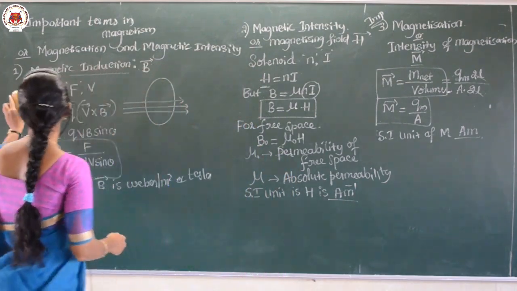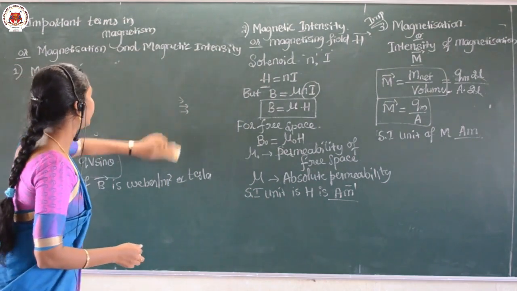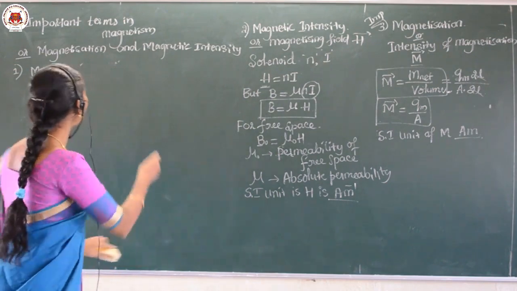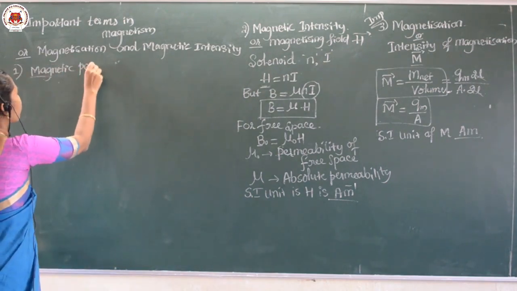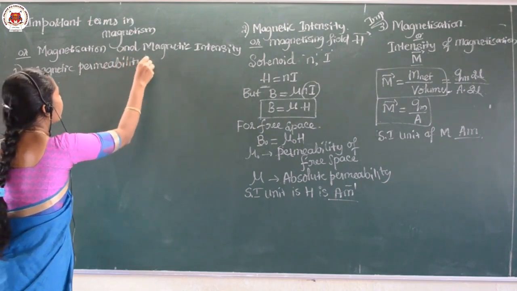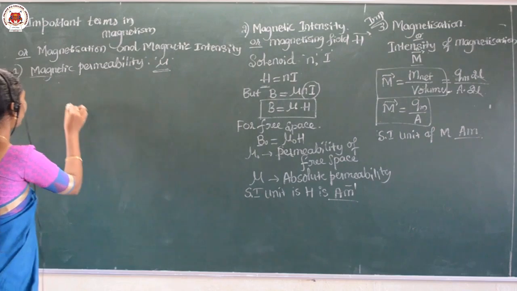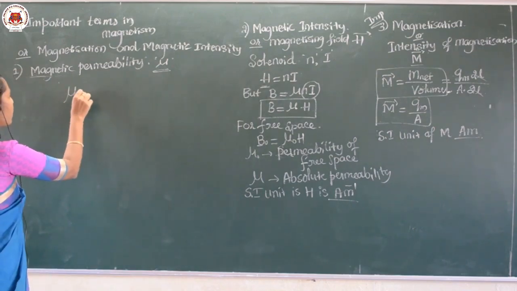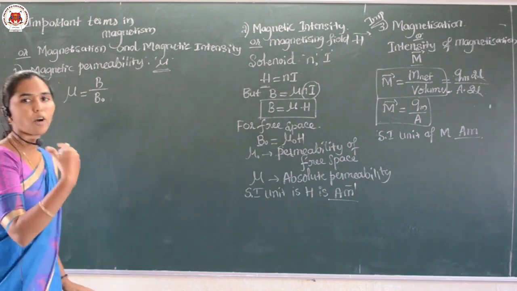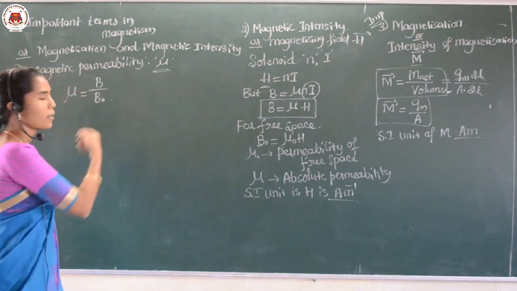In that, the first one is magnetic permeability. This is represented as mu. Then how to write mu? Simple, I can write mu is equal to B upon B naught. With the formula itself, we can define what the magnetic permeability is.